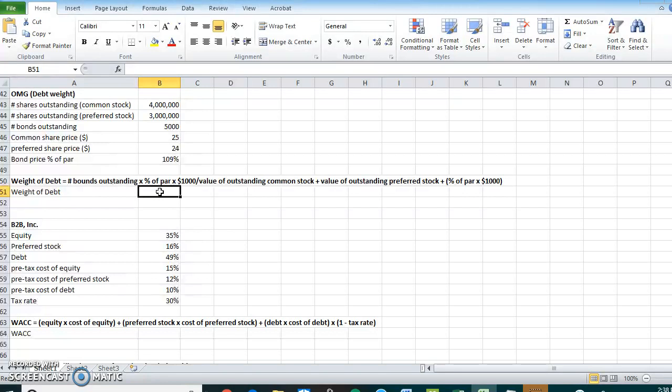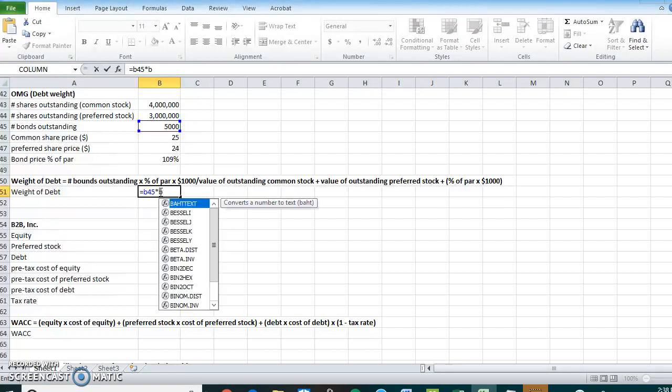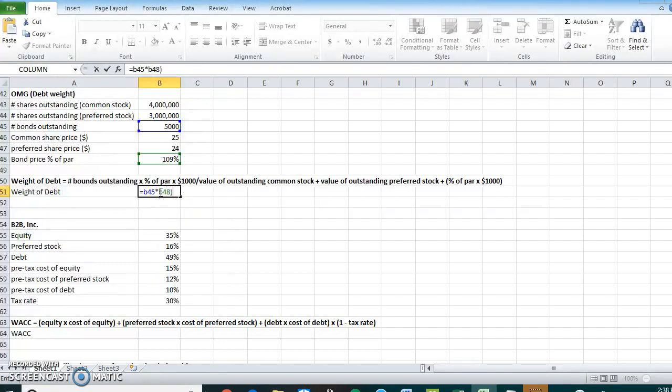So we're going to tell Excel we want it to do something, so it's equal sign. And then the value of the bonds outstanding. So we take bonds outstanding, which is B45, times our percent of par, which is B48. And we want it to do this as one number.